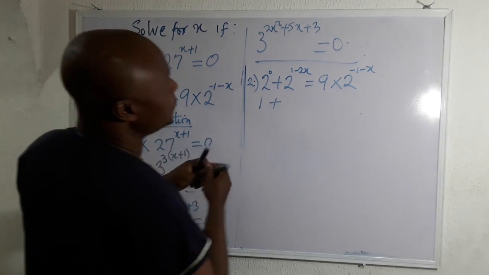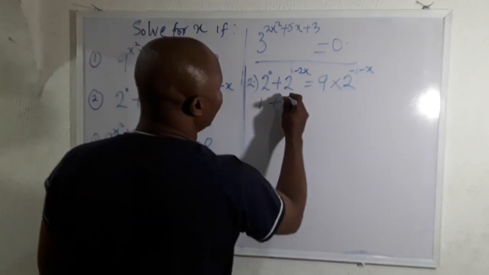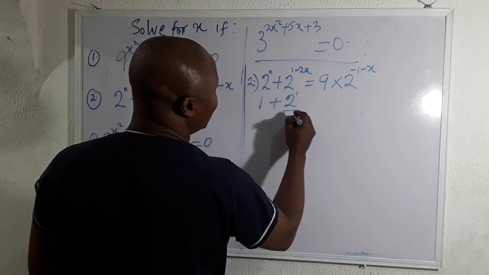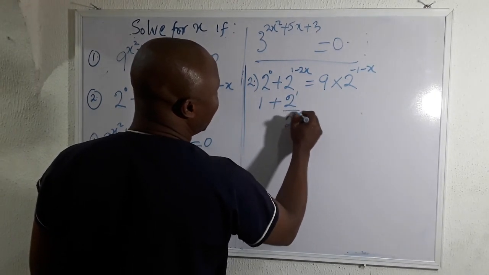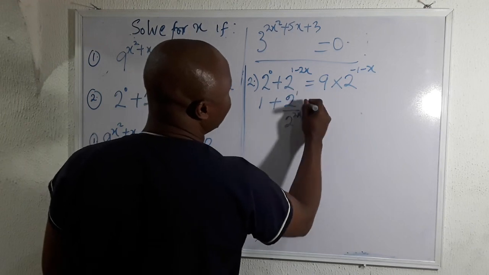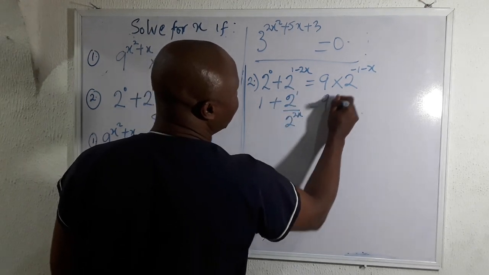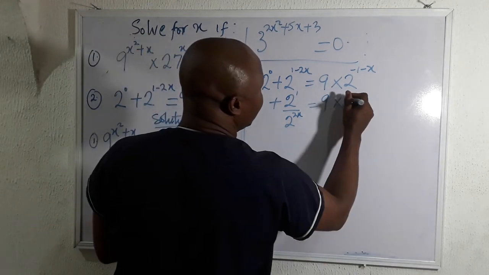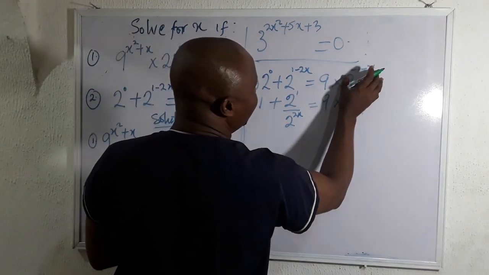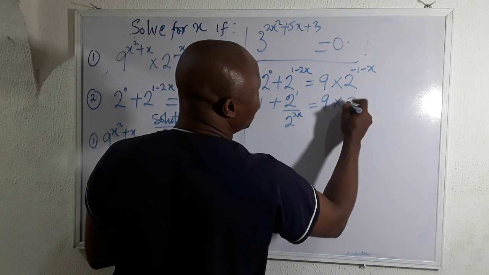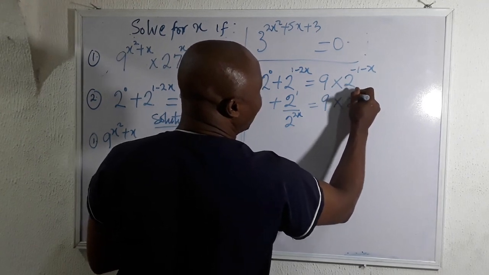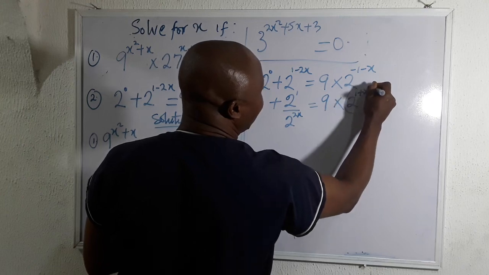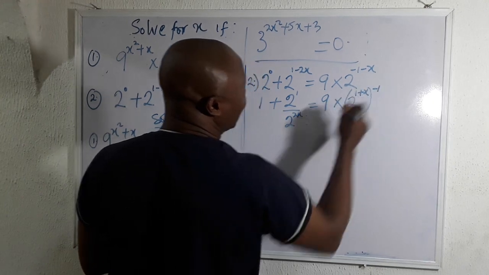So now this is 1 plus the same thing as 2 raised to power 1 divided by 2 raised to power 2x. This is equal to 9 times everything here, which we can write as 2 raised to power 1 plus x all raised to power minus 1.